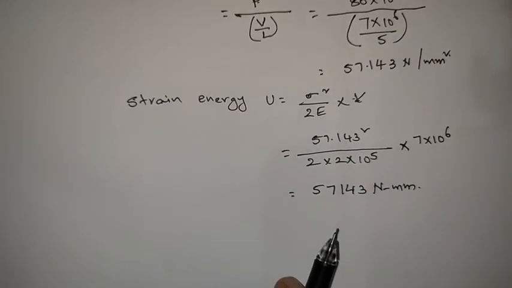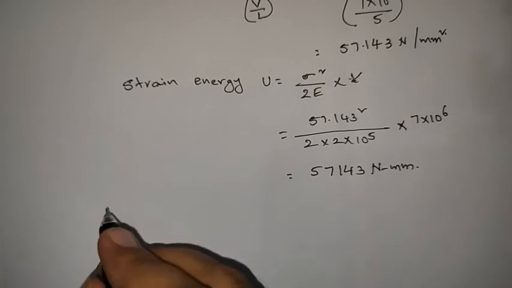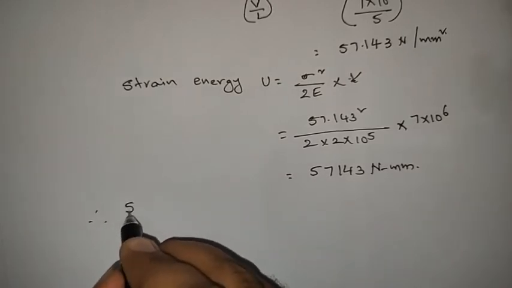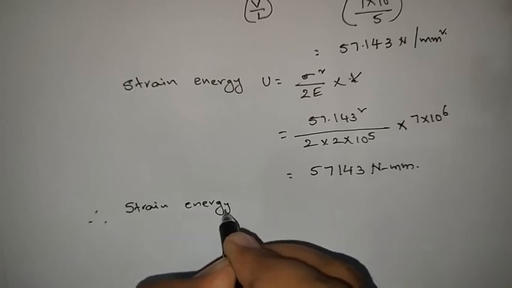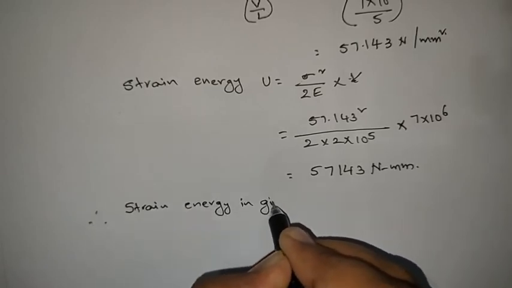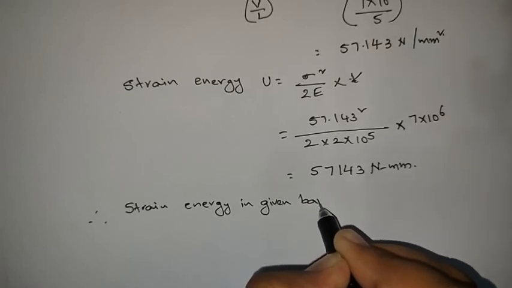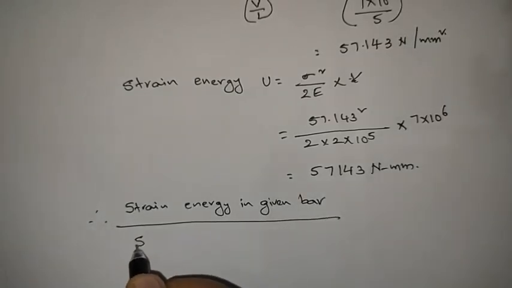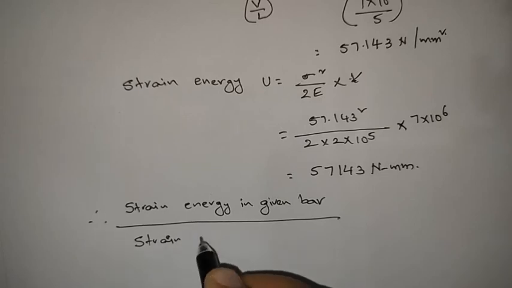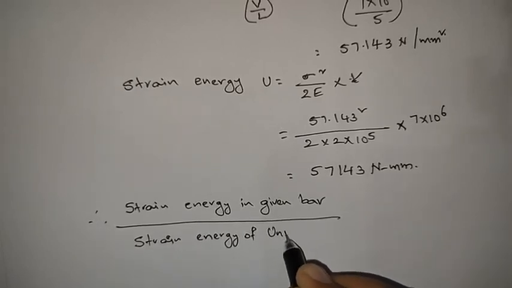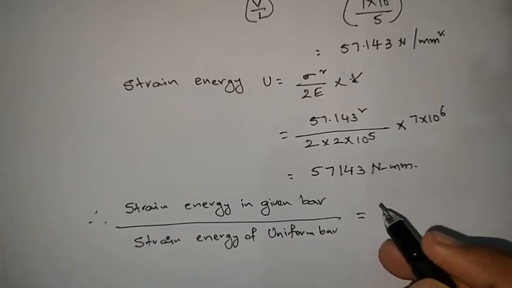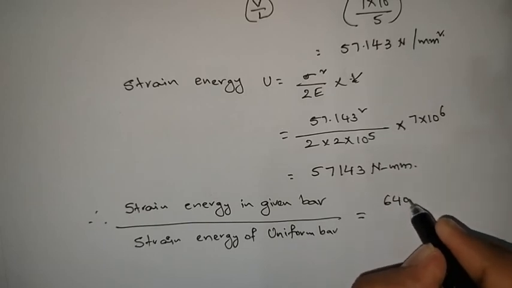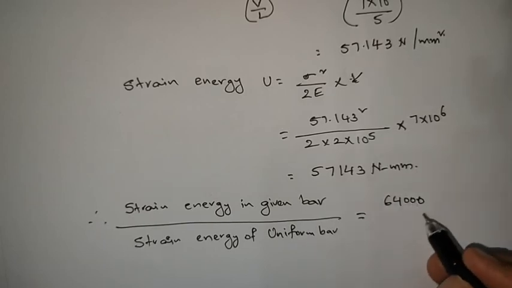Now let us compare those strain energy values. Therefore, strain energy in the given bar divided by strain energy of uniform bar is equal to, so that strain energy value is 64,000 Newton mm.